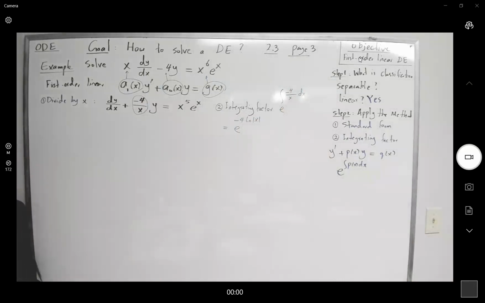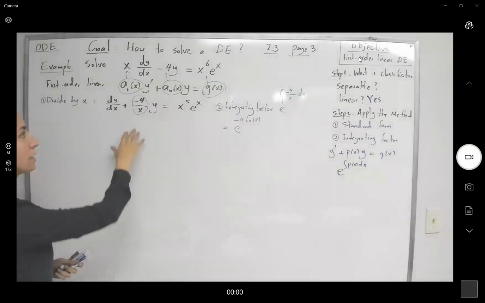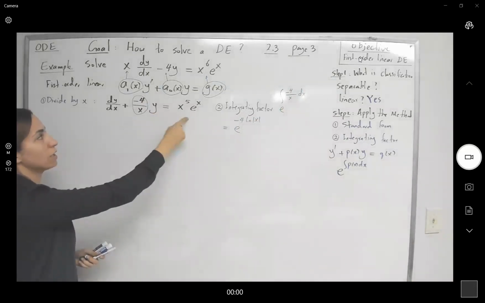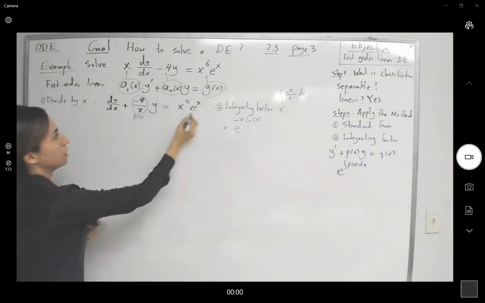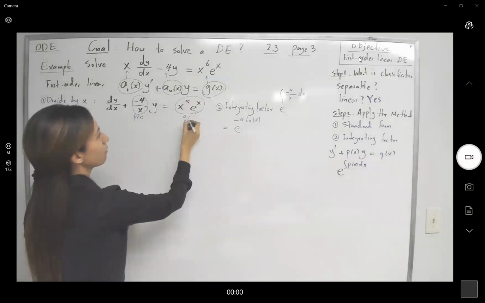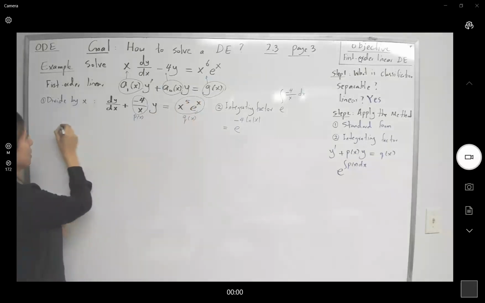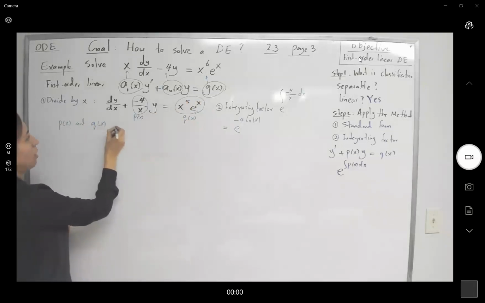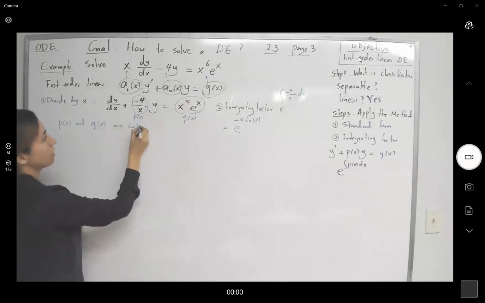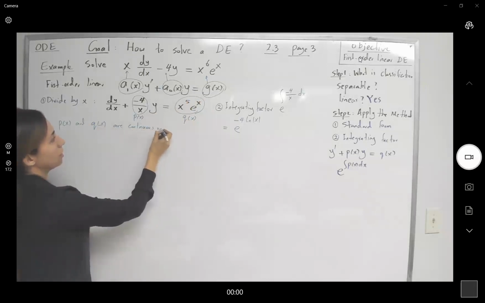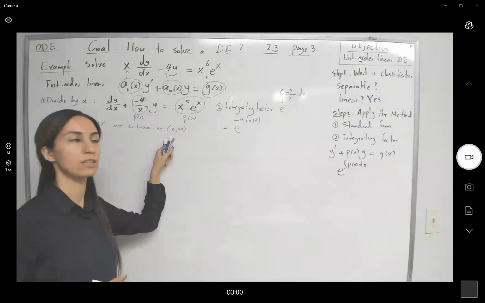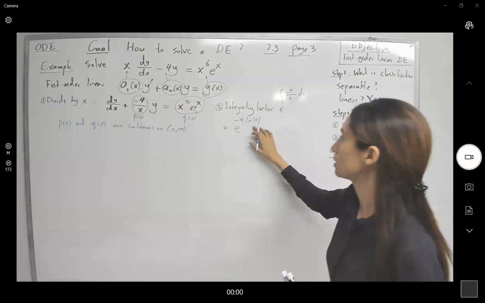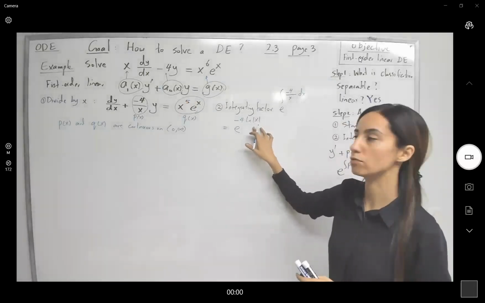At the same time, note that when you write it this way, both of these functions, p(x) and q(x), are continuous on 0 to infinity. On 0 to infinity, they have positive x values. So what's the meaning of that? It means that you can get rid of the absolute value.